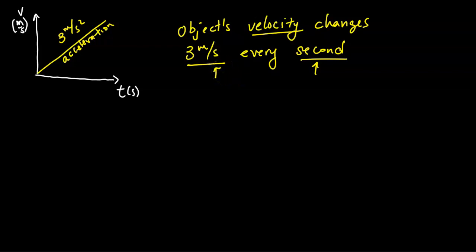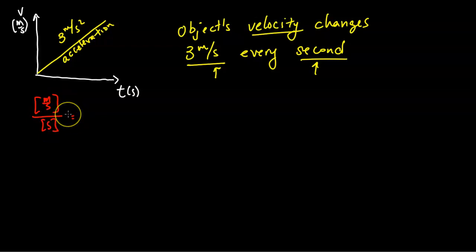Let's take a look more closely at the units here for a moment and see how we get meters per second squared. So the slope on the velocity graph represents the acceleration, and the slope on a graph is the unit on the y-axis divided by the unit on the x-axis. If you look at the unit on the y-axis, we have meters per second, and the unit on the x-axis, we have seconds.